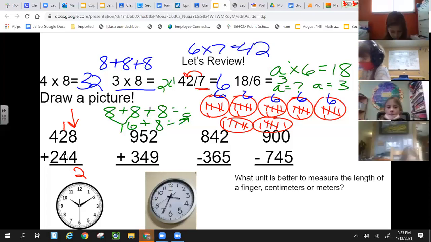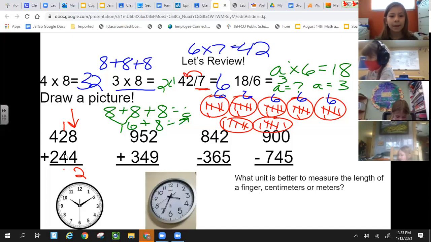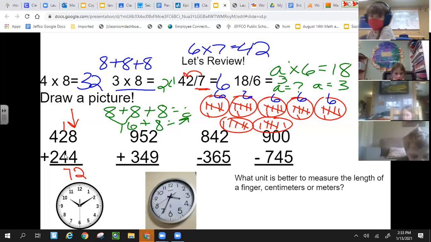And then 3 plus 4 is 7. Mm-hmm. And then 4 plus 2 is 6. Excellent. We're going to skip the next one due to time.